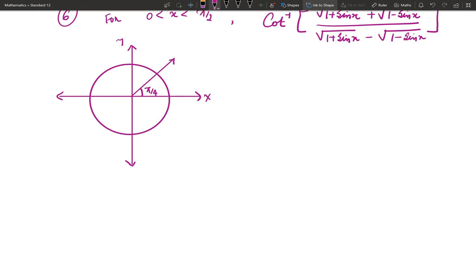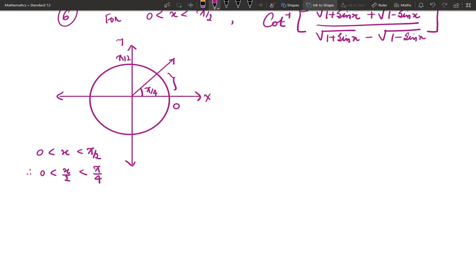You are familiar with trigonometry. In 0 to pi by 2, with 0 less than x less than pi by 2, we have 0 less than x by 2 less than pi by 4. Up to pi by 4, the x coordinate is greater than the y coordinate.